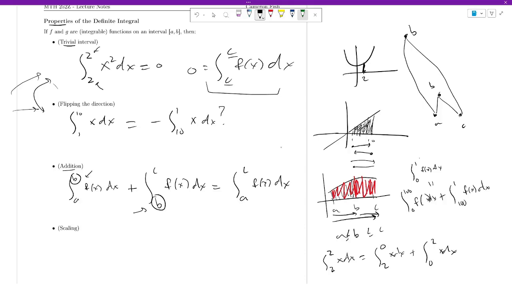I can pick whatever I want in there; I pick 0, just for example. But I know that because of the trivial integral rule, this is supposed to be 0. Now I could rearrange this: this guy plus this guy should be 0. So I could subtract the other one over, and 2 to 0 of my function is minus 0 to 2. So these rules play with each other in ways that make sense.